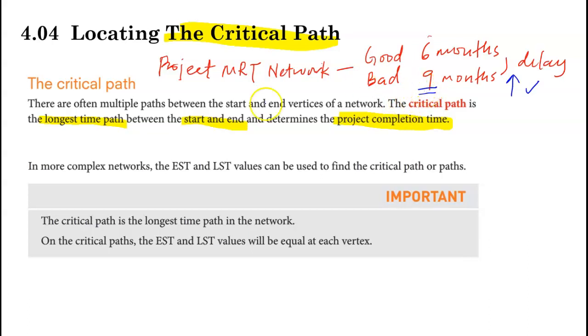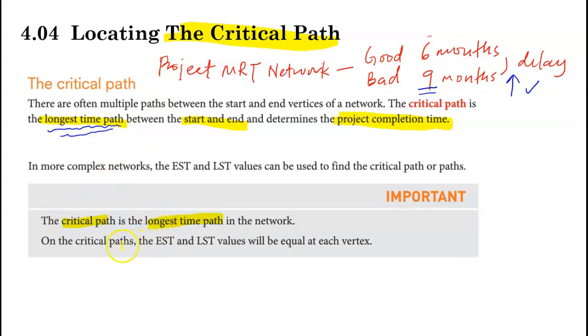So in this case, you will always go for the longest time path. Do remember, critical path is always the longest time path. So what is a critical path? It's the longest time path in your network.